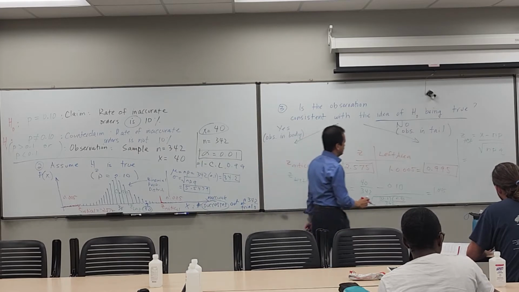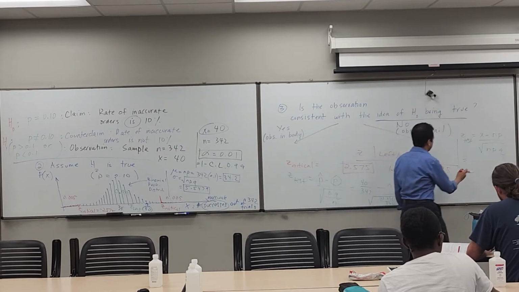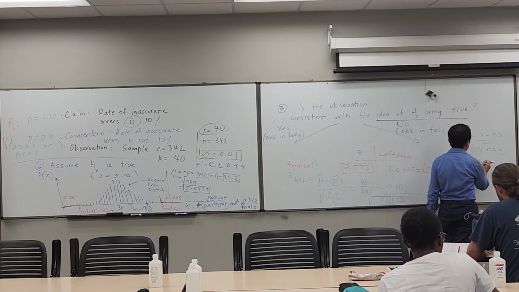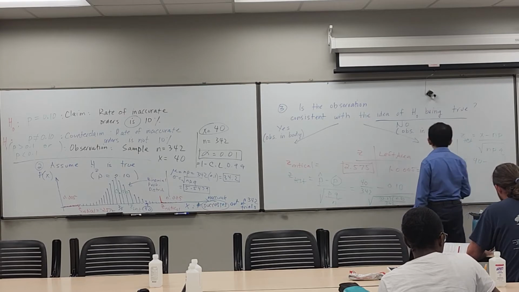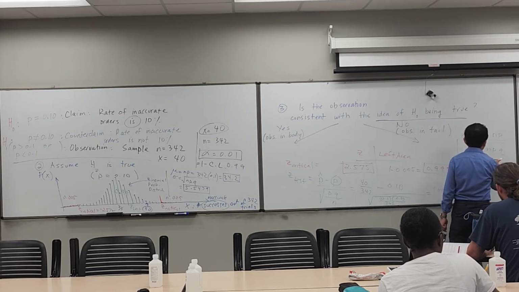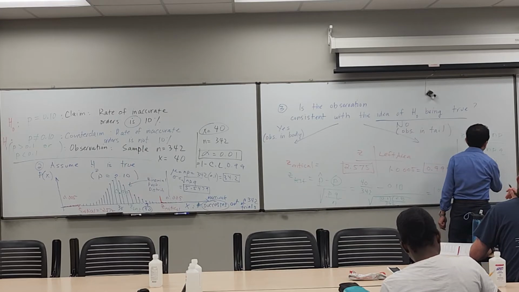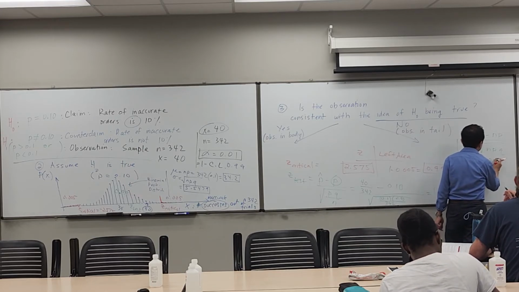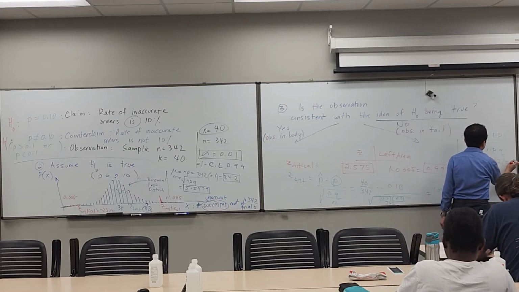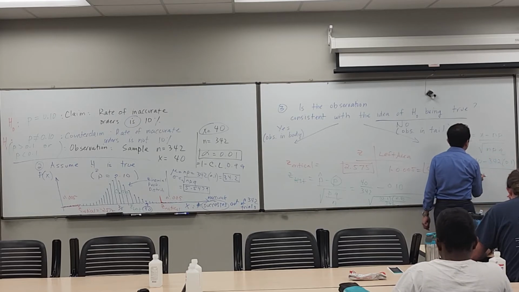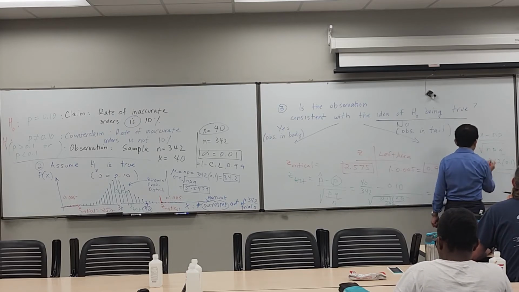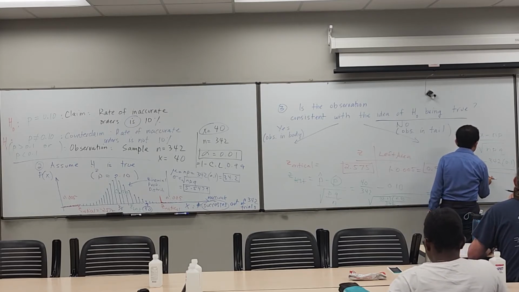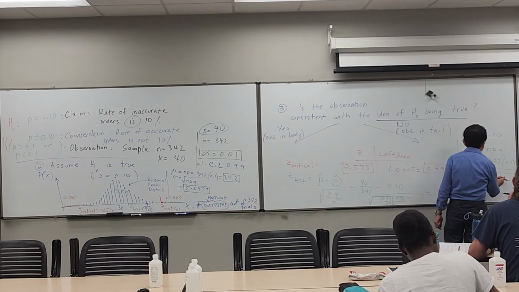So on that one, X is 40. N multiplied by P is going to be 34.2. That was the 10% of 342. And then sigma is going to be 5.5479. So N is 342, P is 0.1, Q is 0.9.